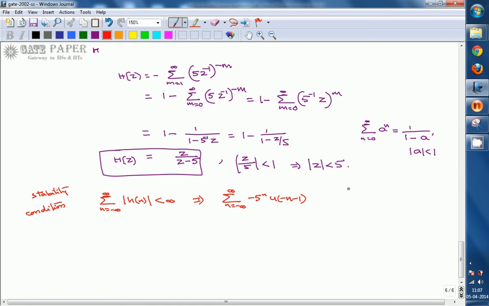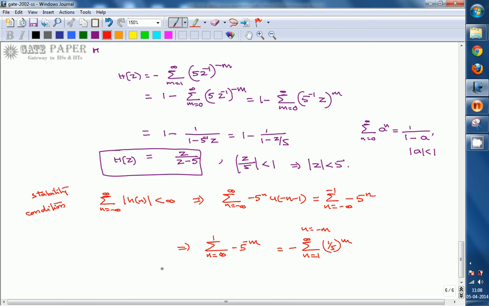By simplifying this, we get summation n equals minus infinity to minus 1 of minus 5 power n. Replacing n with minus m, we get summation from 1 to infinity of minus 5 power minus m. Taking the minus out, this is 1 by 5 whole power m.